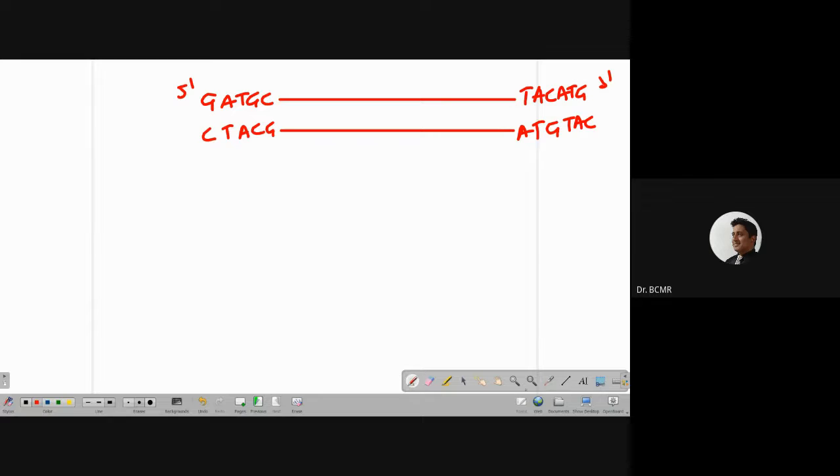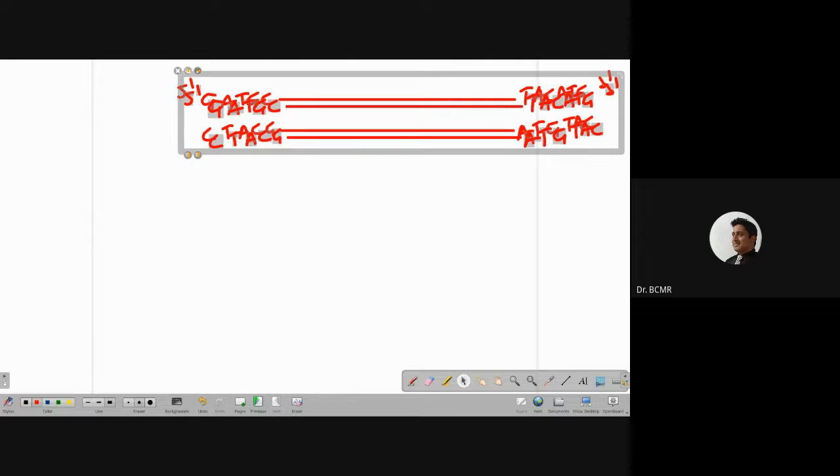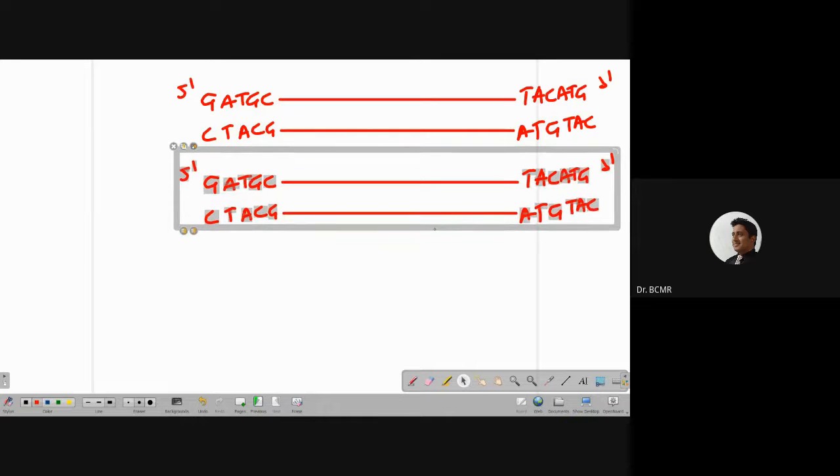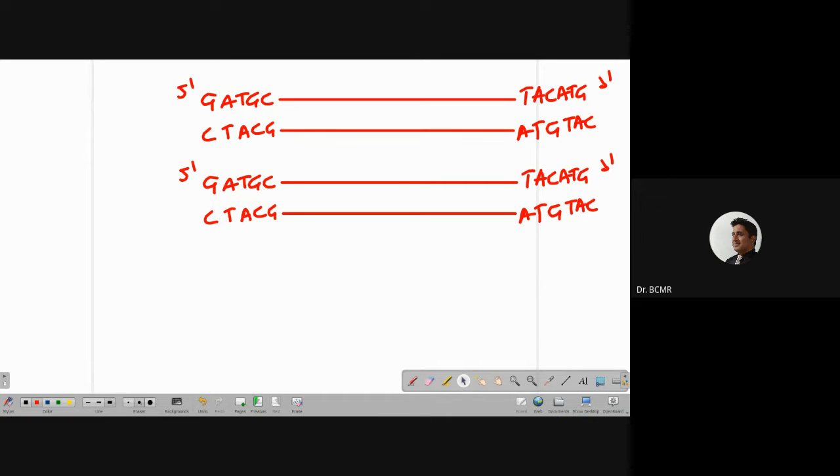So basically, there is one problem here: there are 2 copies, except there is a problem with one of them. Assume this is the base where there is a difference in the sequence.